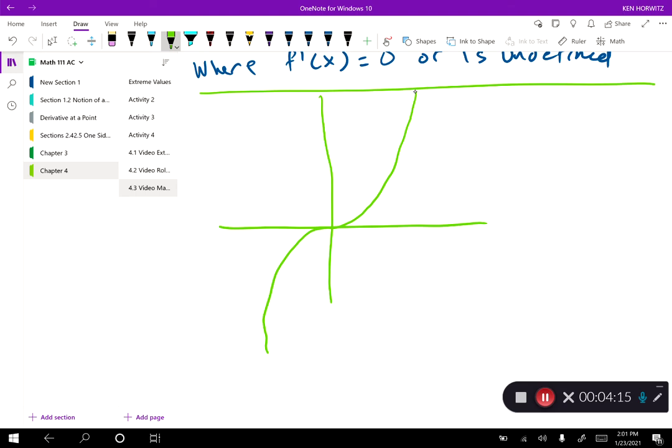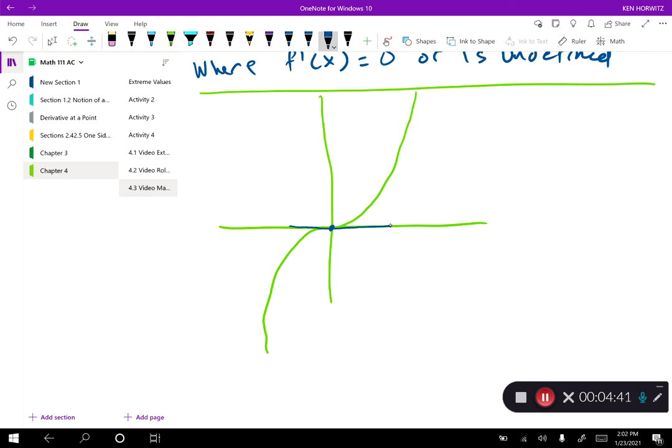Okay. So here, my critical point is right there at 0, because as you can see, I can make a horizontal tangent line right there. But it's neither a max nor a min. So it is possible to have a critical point that's neither a max nor a min, but it's the only spot that we need to check.